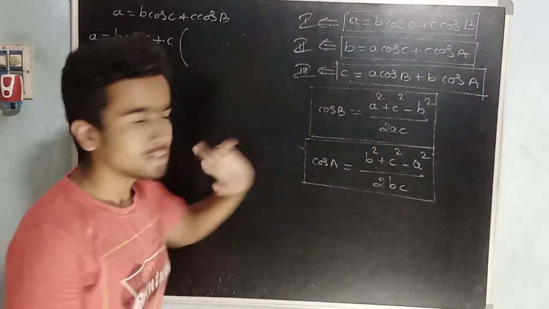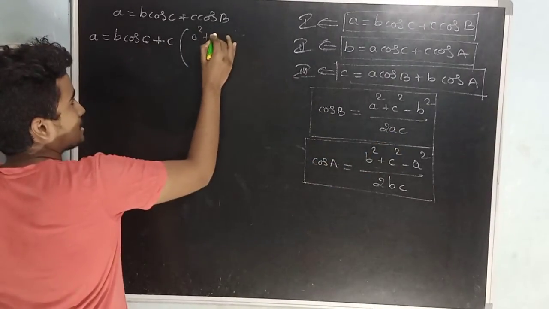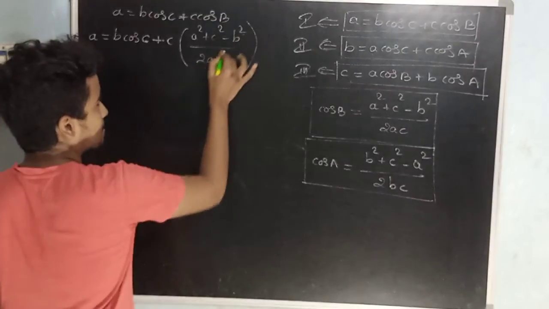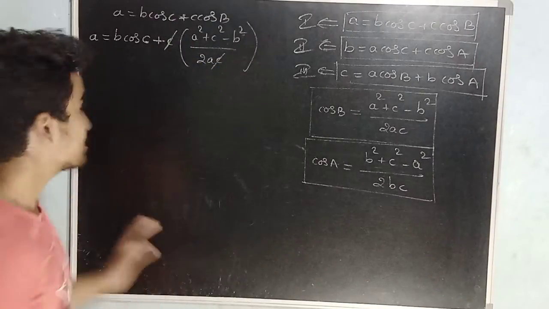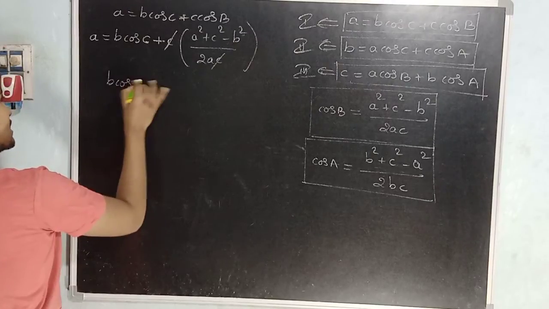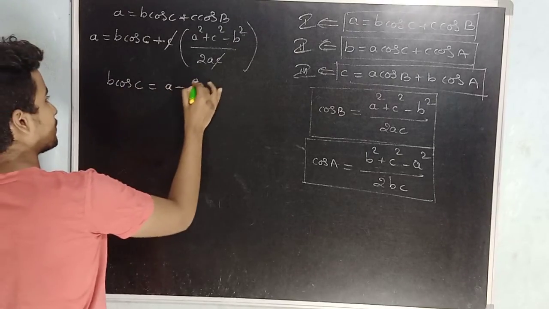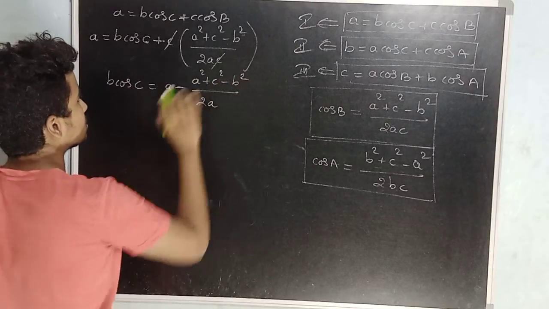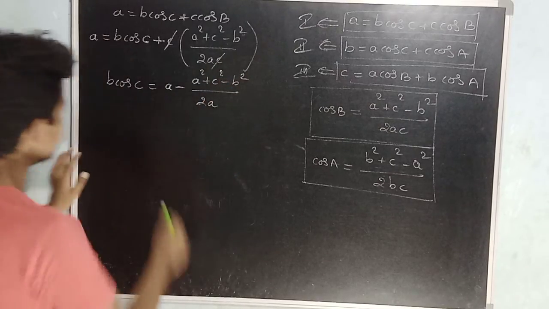Cos b is nothing but a square plus c square minus b square by 2ac. Here c gets cancelled. B cos c is equal to a minus a square plus c square minus b square by 2a.